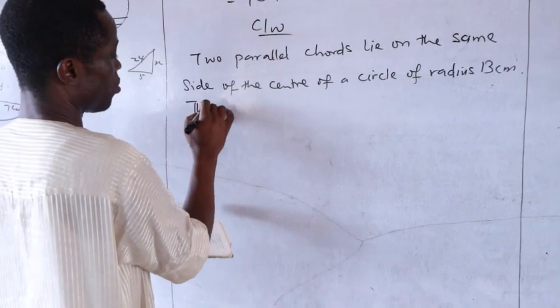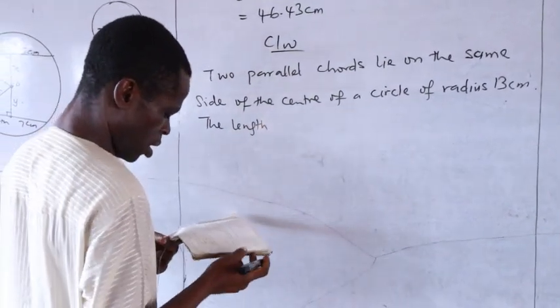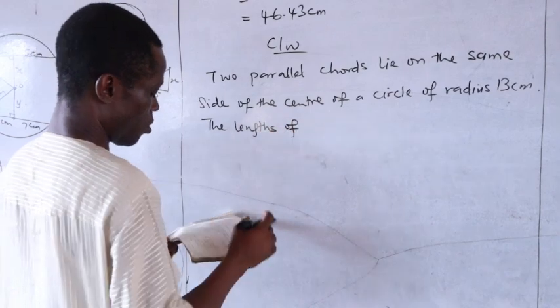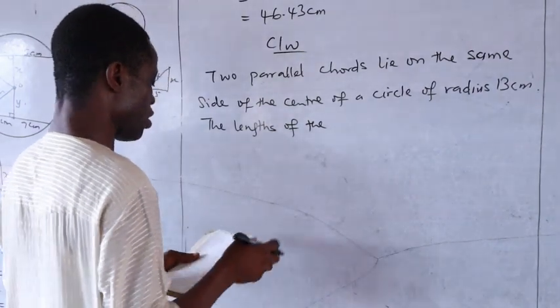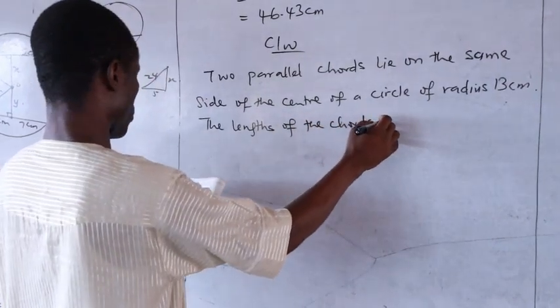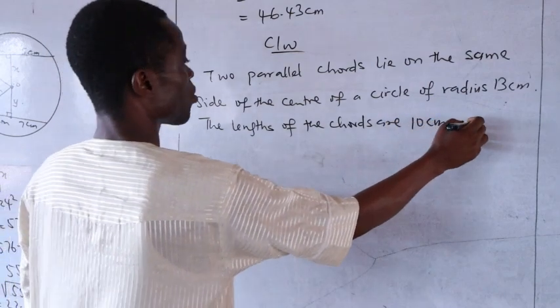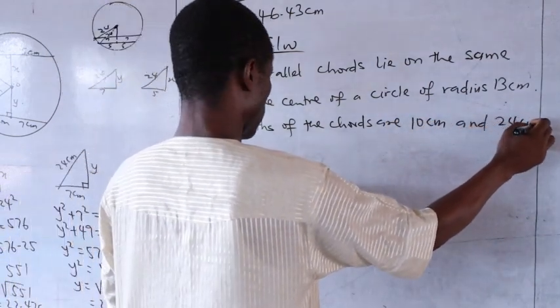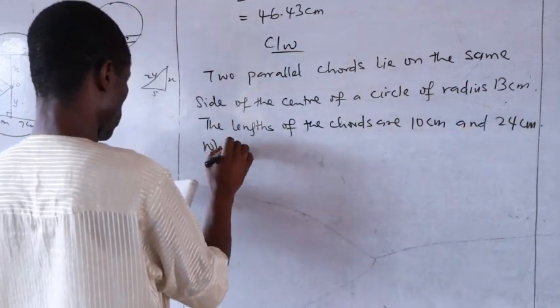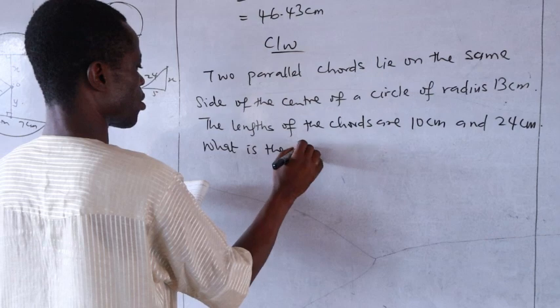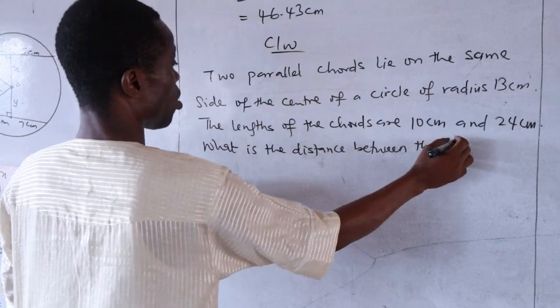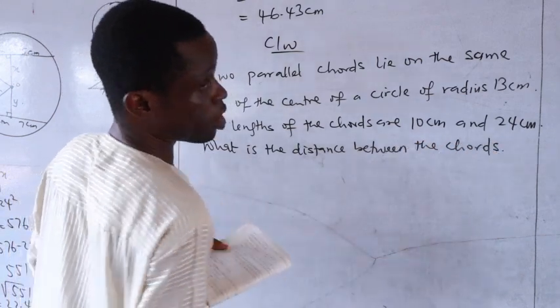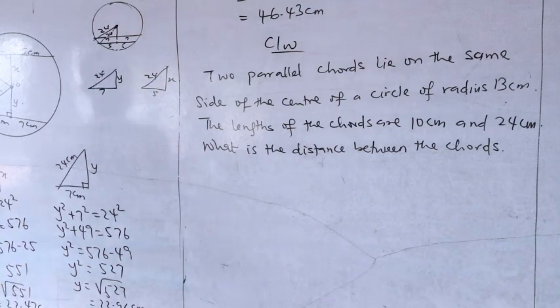The lengths of the chords are 10 centimeter and 24 centimeter. What is the distance between the chords? That's the question. Let me give you 5 minutes to do this.